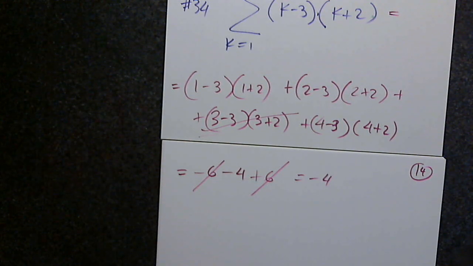And on top, how far do we go? 4 indeed. Now keep the parentheses. Do not delete the parentheses. And put parentheses again. x minus 3. Close the parenthesis. Open another parenthesis. x plus 2. And close this parenthesis.